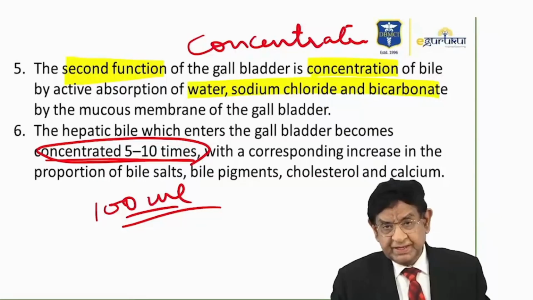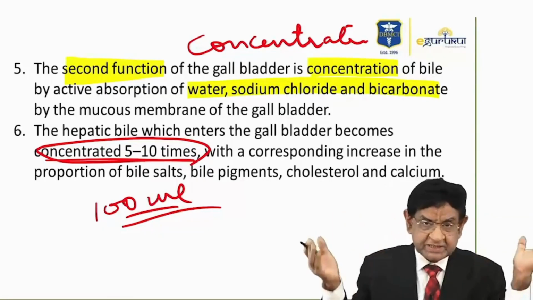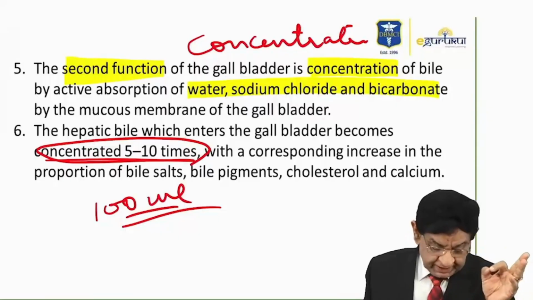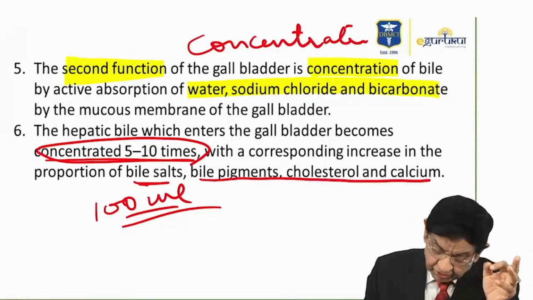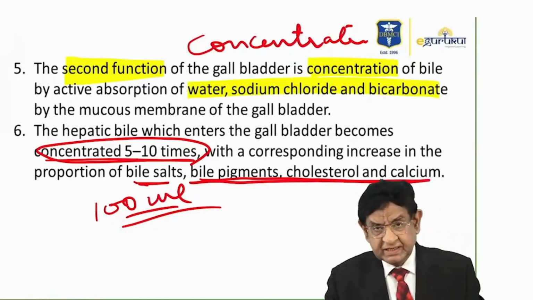If water and sodium chloride are getting absorbed, there will be increased concentration of the other components. What are the other components? Bile salts, bile pigment, cholesterol and calcium. All of these we discussed will increase.